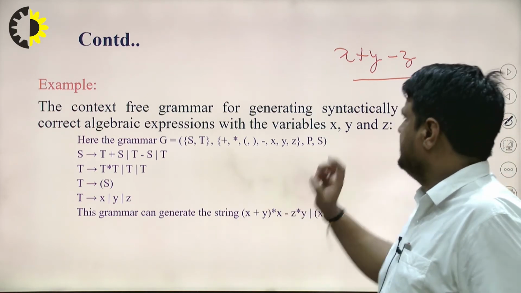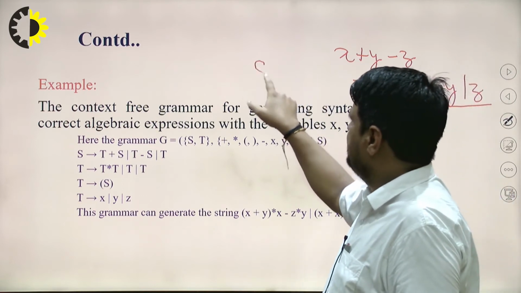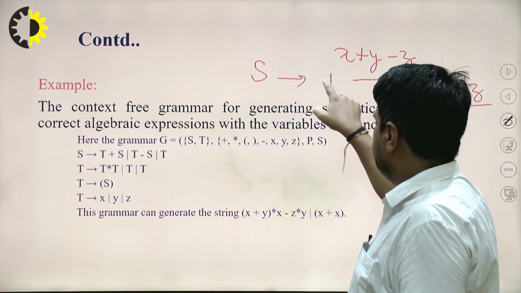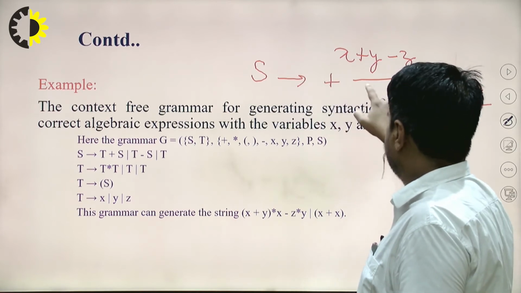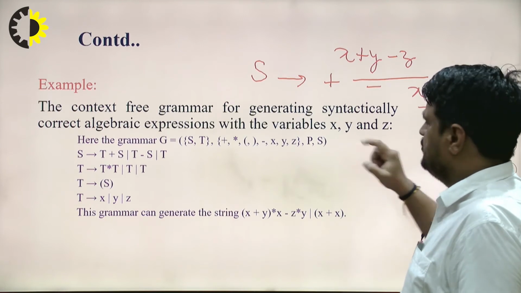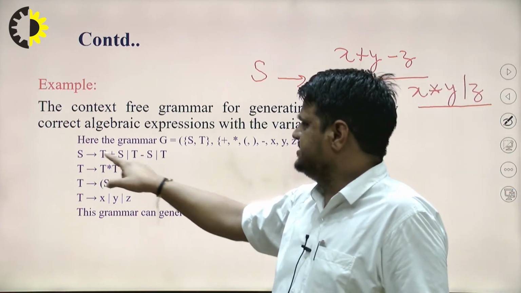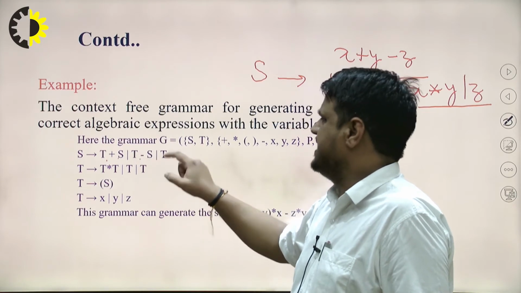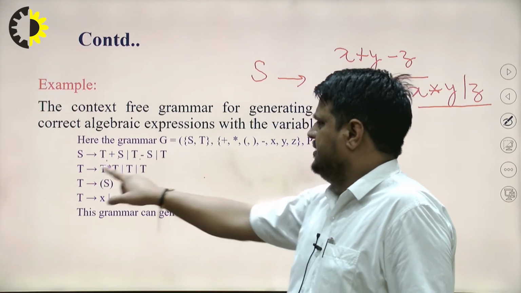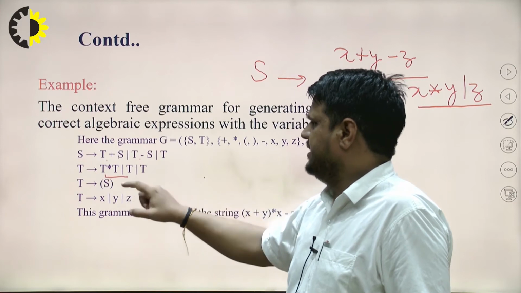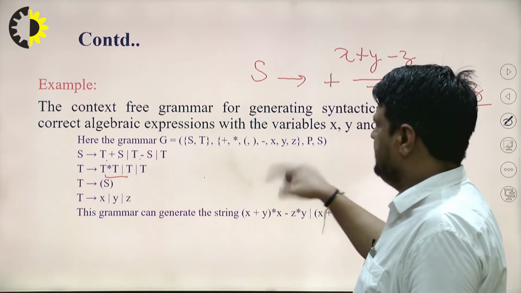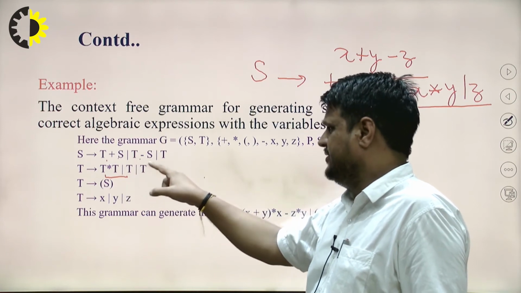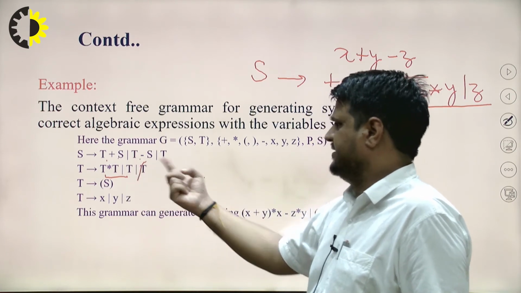We can describe it, you can see, by starting from the starting symbol, always S. There is a possibility of addition. There is a possibility of subtraction, right? So we have written S tends to T plus S or T minus S or T. Similarly, for multiplication and division, we have written T tends to T multiplied T or T divide T. This is the division operator, right?